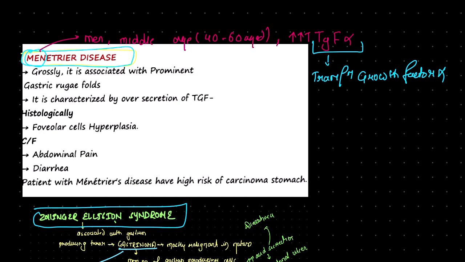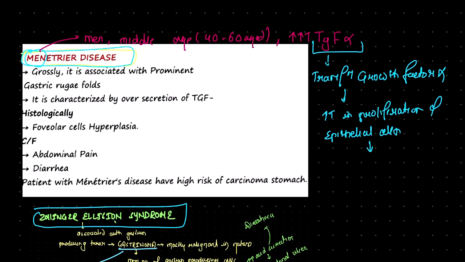Since transforming growth factor alpha is secreted in high quantity, it will cause increase in proliferation of epithelial cells.